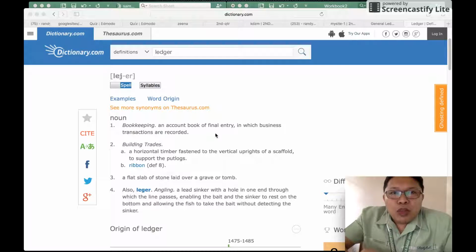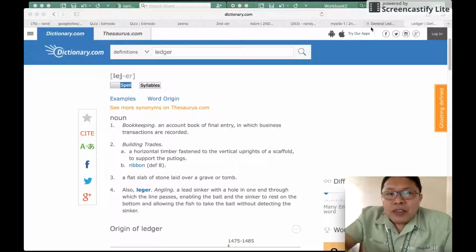When we transfer the record from the general journal to the general ledger, we do it to ensure that we'll be able to summarize the amounts for that particular account. Let us say, for example, if we will be looking for the total amount of cash that the business acquired and paid in a certain period, we need to look at it in the general ledger.